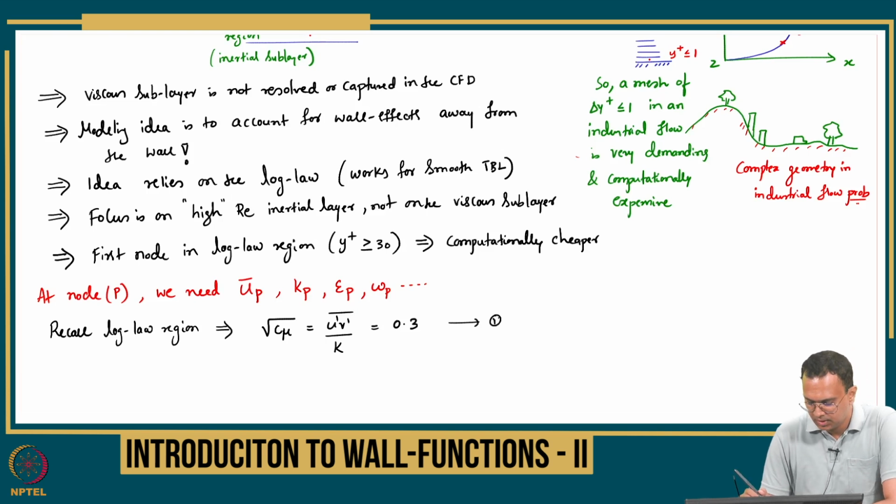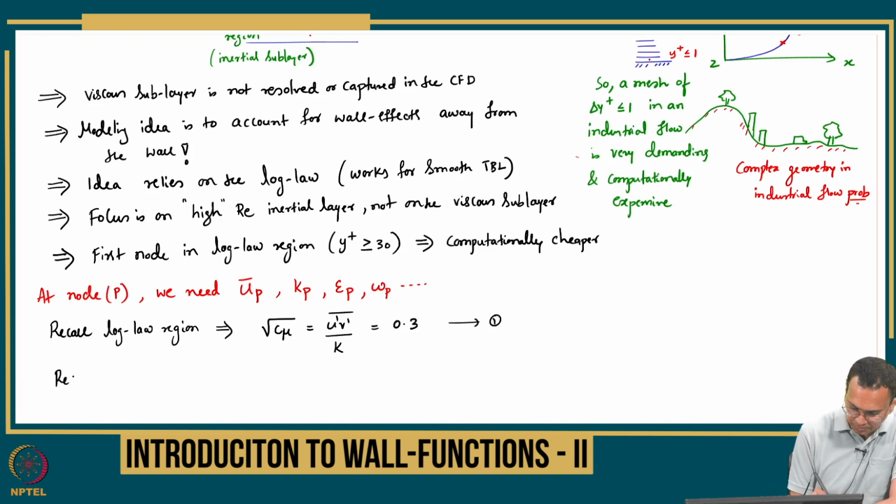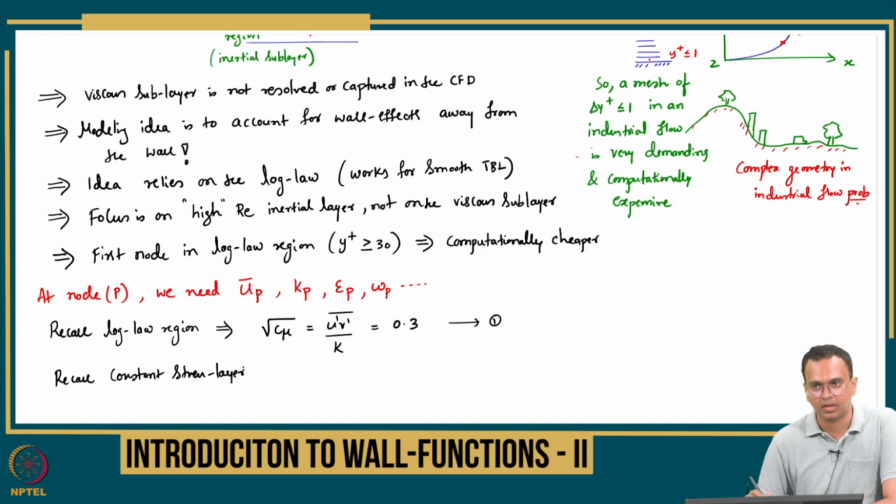So now we have looked at what is called a wall friction velocity in a constant stress layer, right? So now recall that also. All these concepts are used now. Recall constant stress layer. This constant stress layer has everything there: linear sublayer, buffer layer, as well as the inertial sublayer, all three.